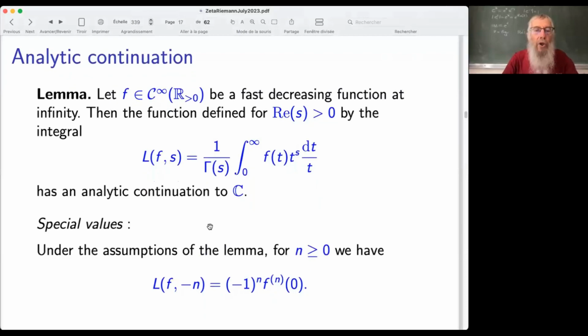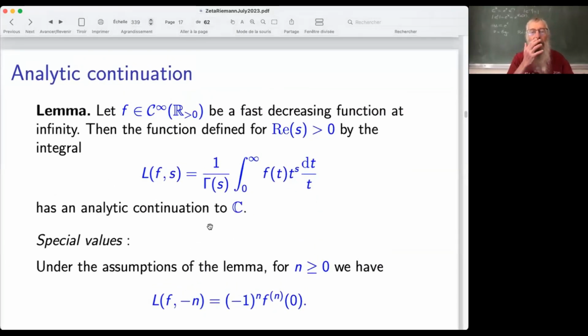And so the lemma, which I will not prove, but which is a classical lemma from complex analysis, is that if you take a function which is C infinity defined over the positive real numbers, you assume that it is a fast decreasing function at infinity, like exponential minus nt, and you define a function by an integral, which is 1 over gamma of s, the integral of f of t, t to the s dt over t, this function has an analytic continuation to C, and we have a formula for the special values of this function where s is equal to minus n.